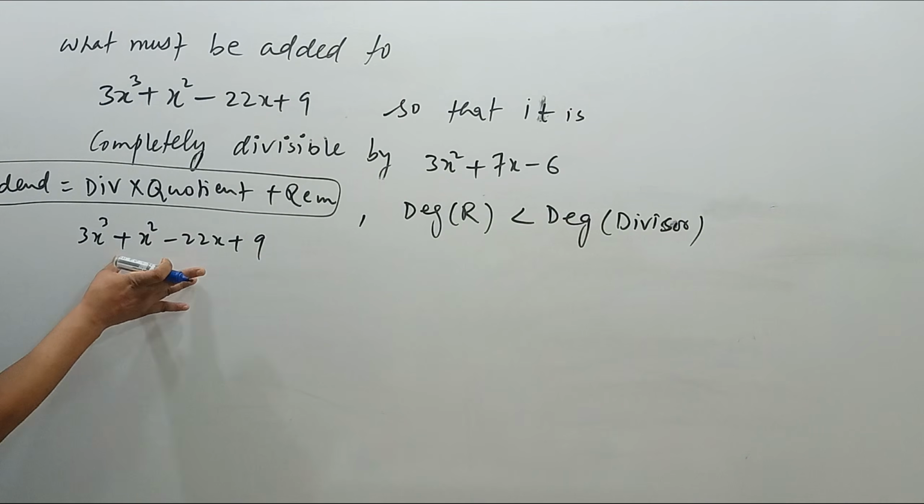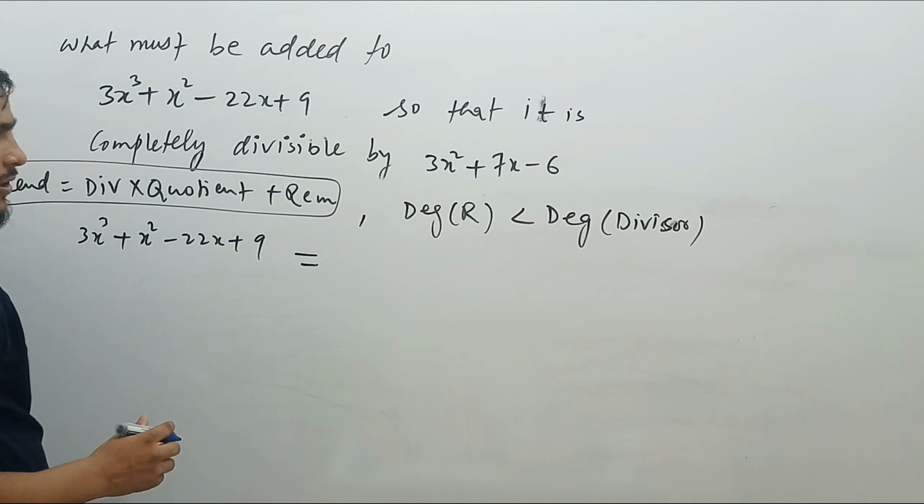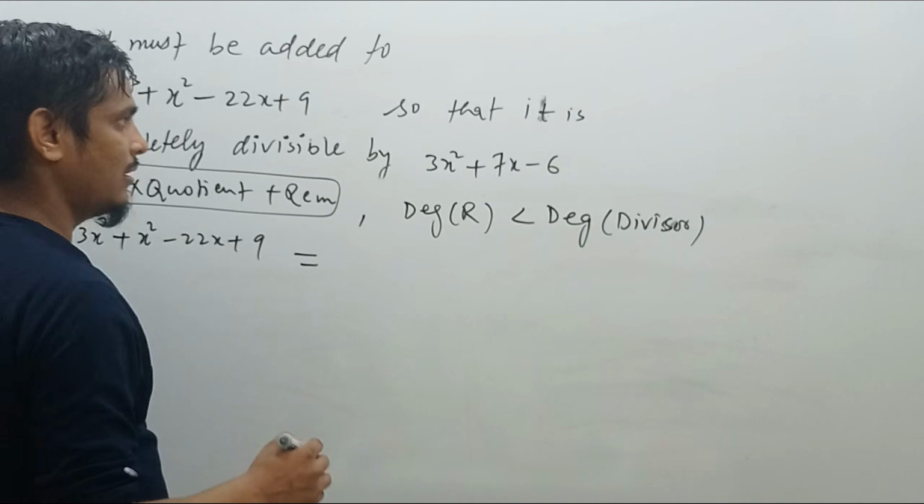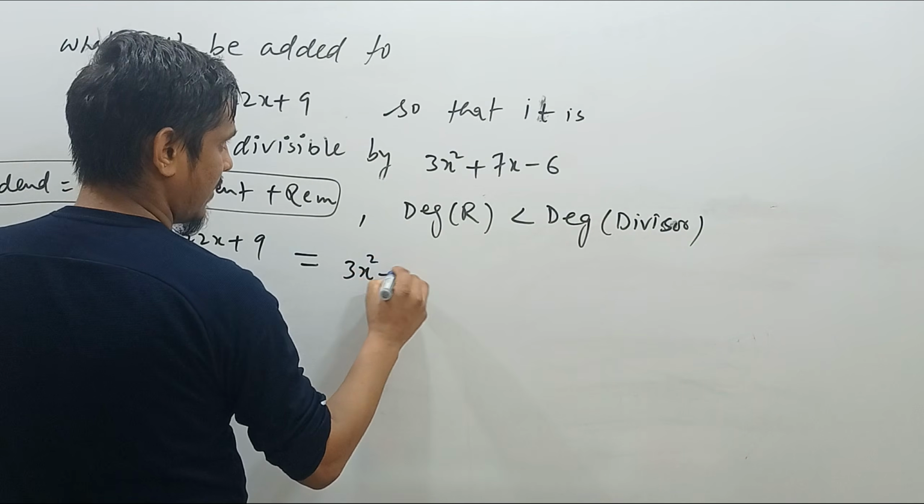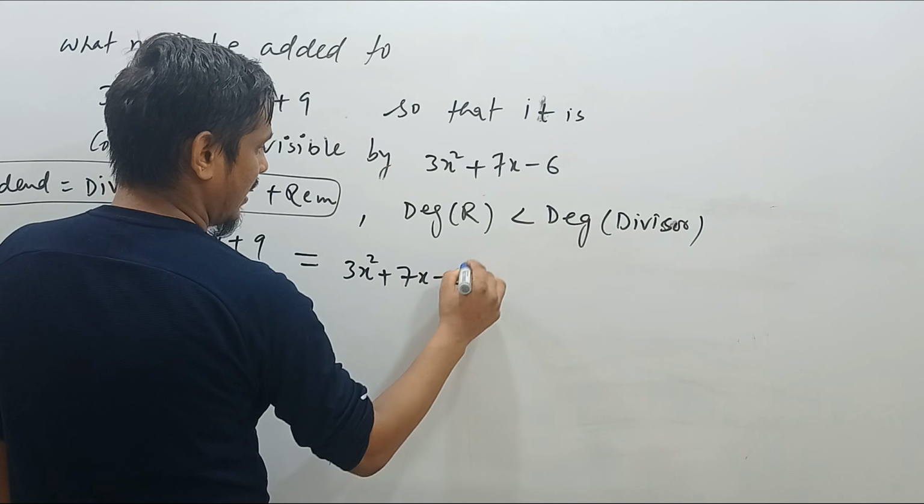So here, this is the dividend, which is equal to the divisor, 3x² + 7x − 6, times the quotient.